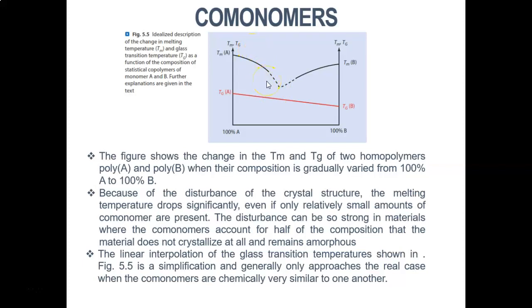And the disturbance can be so strong in a material where the co-monomer accounts for half of the composition that the material does not crystallize at all and remains amorphous. The linear interpolation of the glass transition temperature is a simplification and generally only approaches the real case when the co-monomers are chemically very similar to one another.